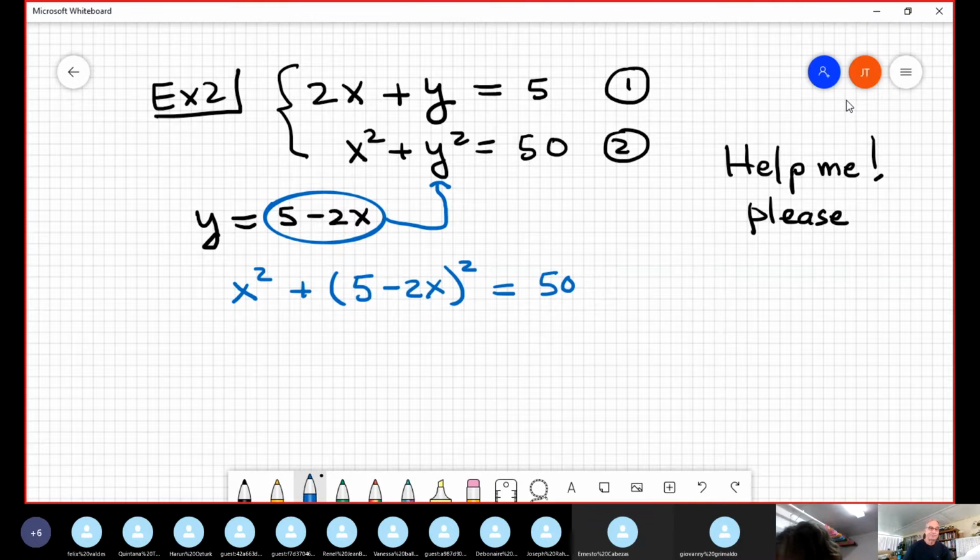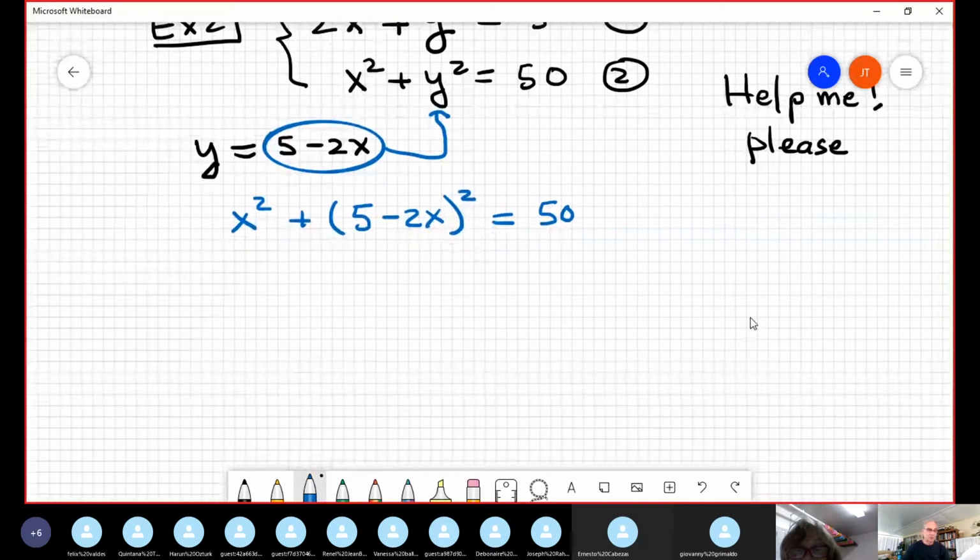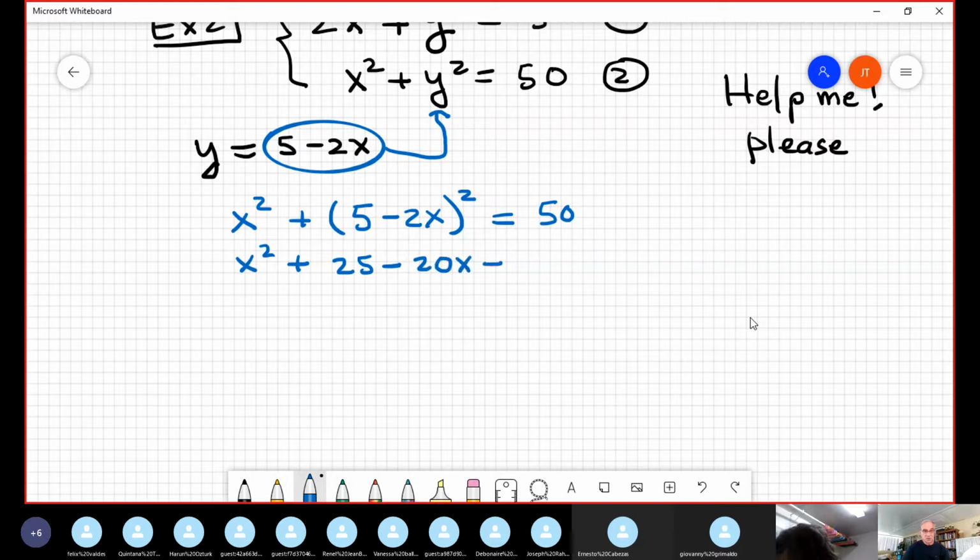And this is my equation. So, of course, it's a quadratic equation, no? Then you expand this. This is x squared plus 25, minus 20x, because 5 times 2 is 10, times double, because it's a twin brother, it's 20x, plus the last guy, 4x squared, minus 50 equals 0.